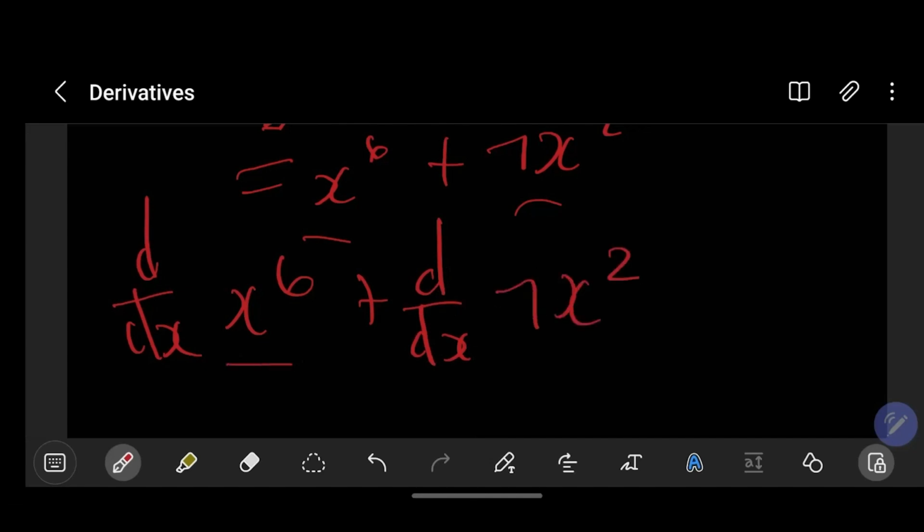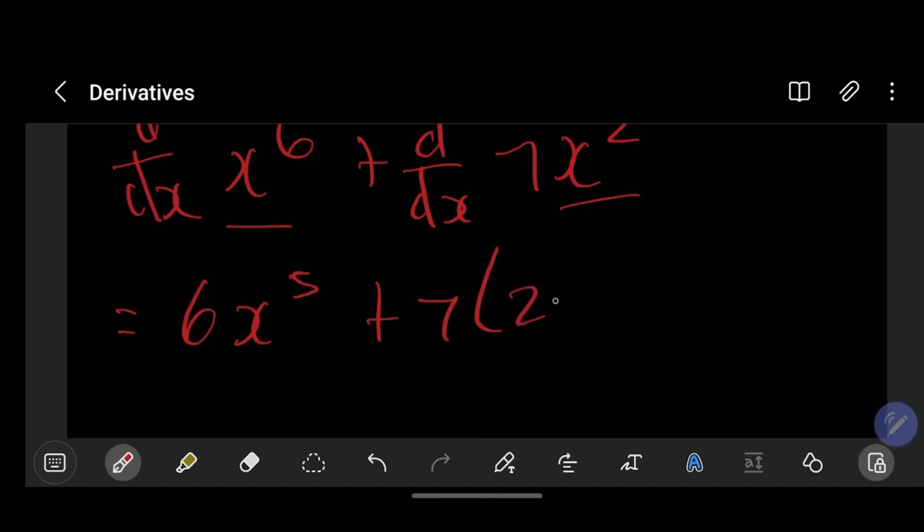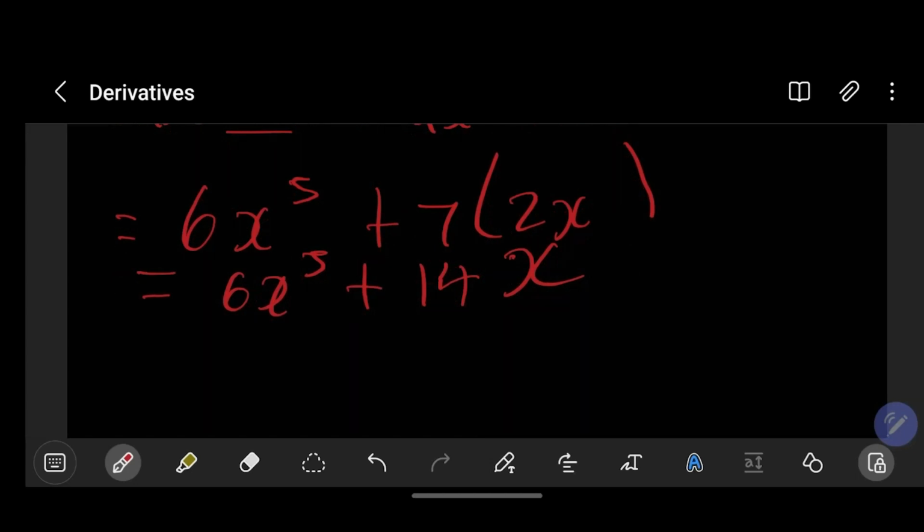Now we can use the power rule here and the multiplication by a constant rule. So we now have this equal to 6x to the 5 plus 7 times 2x, which is basically 6x to the 5 plus 14x. Quite simple. Once again, get it into a format that you can recognize and be able to use one of the rules.